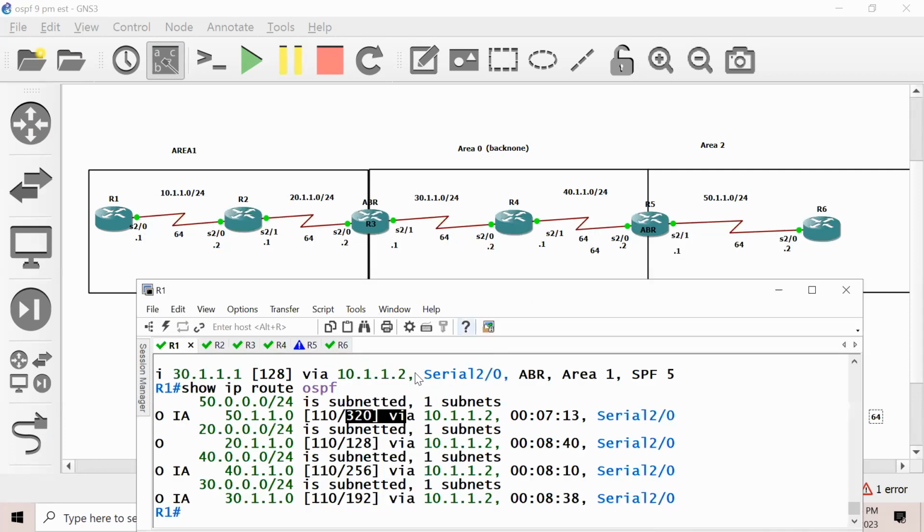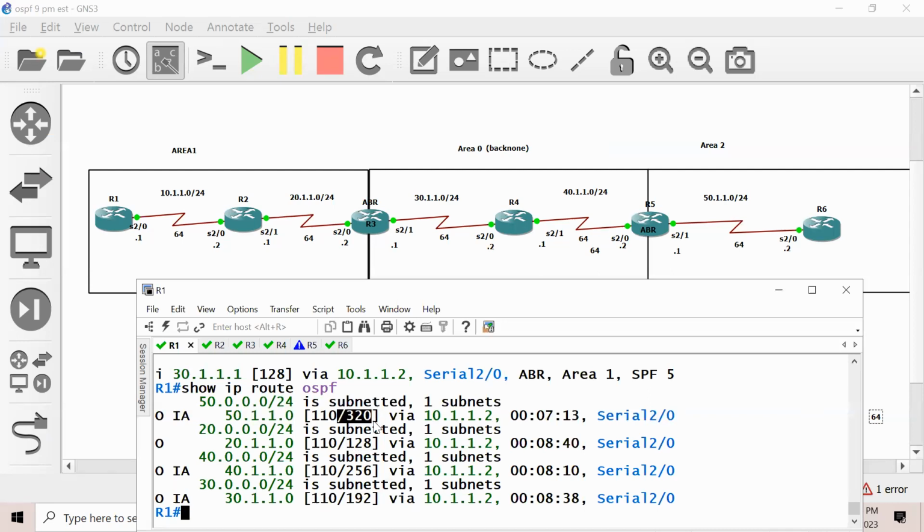So this is telling you the distance. What is the distance of your router? It is saying 128 for this network address. So 64 and 64 is 128. If you know this, it will help you a lot.